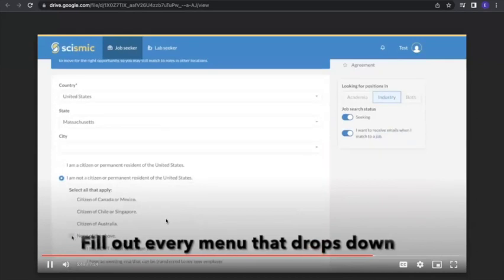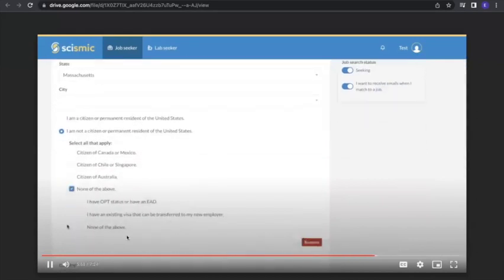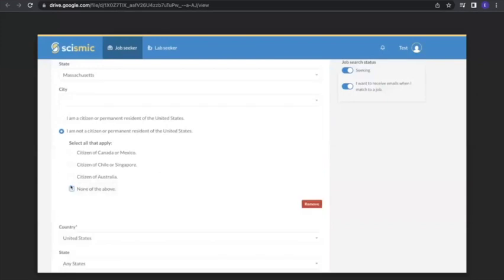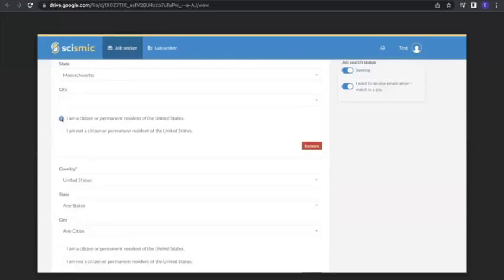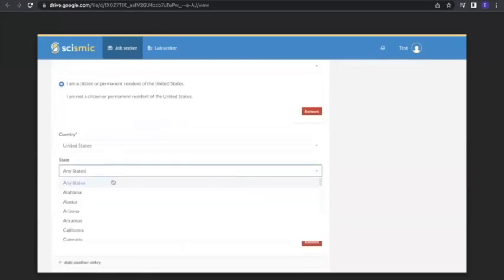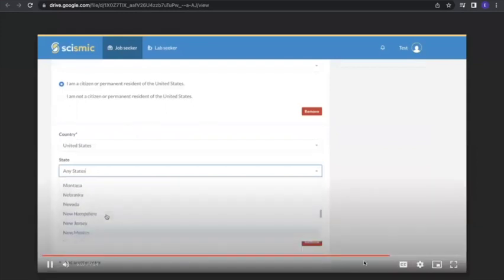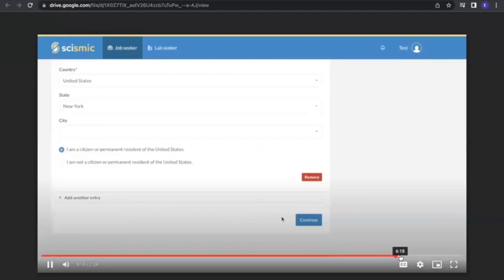And if you require sponsorship, you want to fill all of the sections. For example, if you're eligible for OPT, we want to be able to consider that in your application as well. And so make sure that as you're filling that out, you're not missing any of the drop-down options.